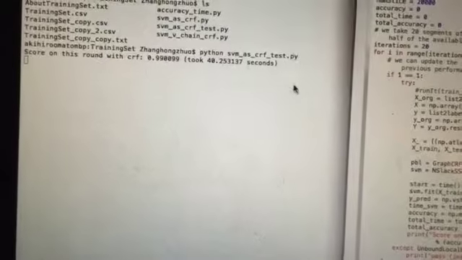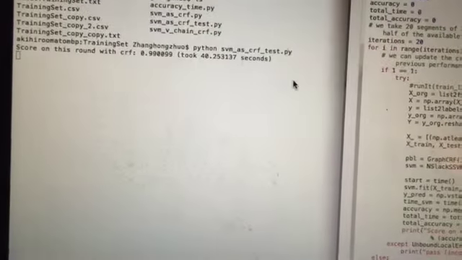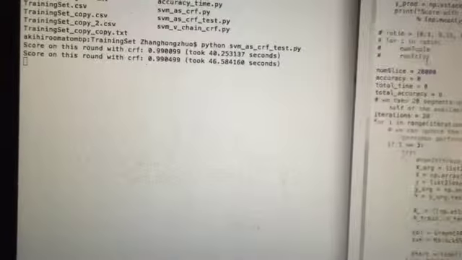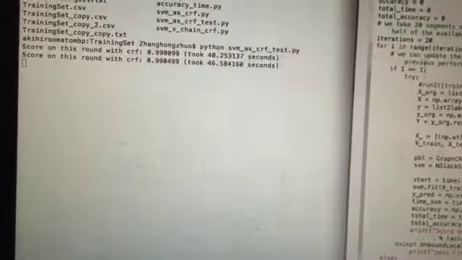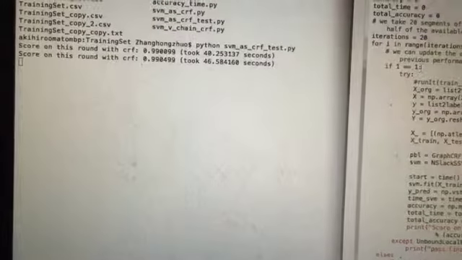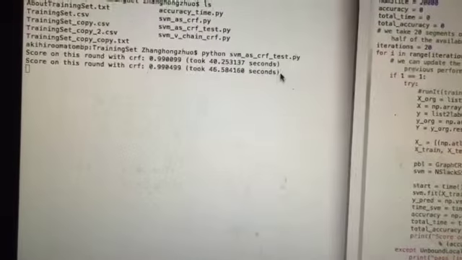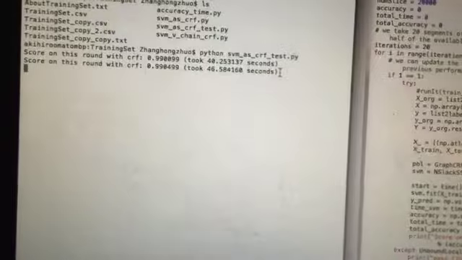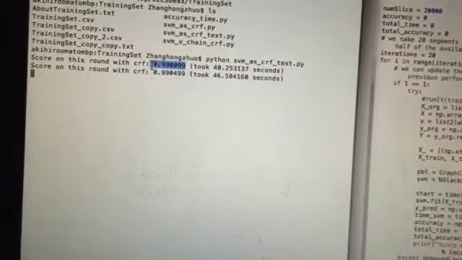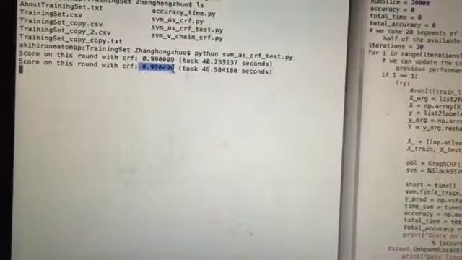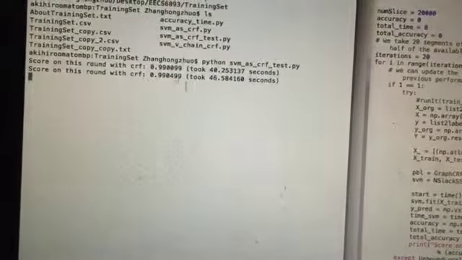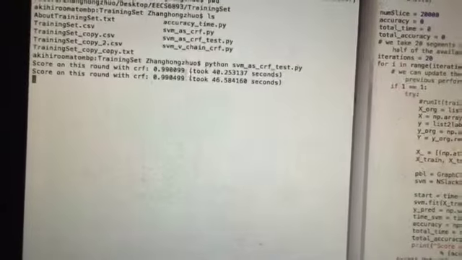We'll watch about 5 iterations and call stop, because there's no point in showing you a total of 20 iterations, and that's really boring. Okay, so here comes the second iteration. And you can see the precision is about the same, with a little bit of difference at the 4th digit after the decimal.